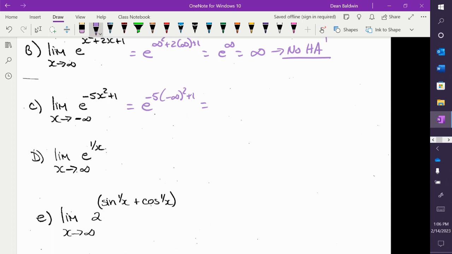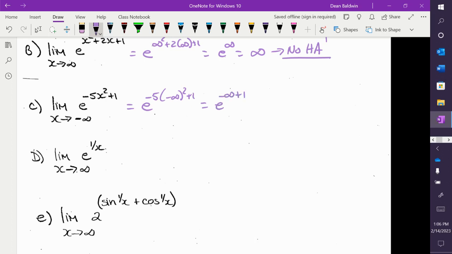Who thinks it's infinity? So, negative infinity squared is infinity times negative 5. So negative infinity plus 1.